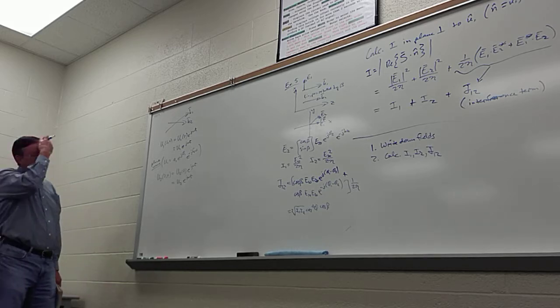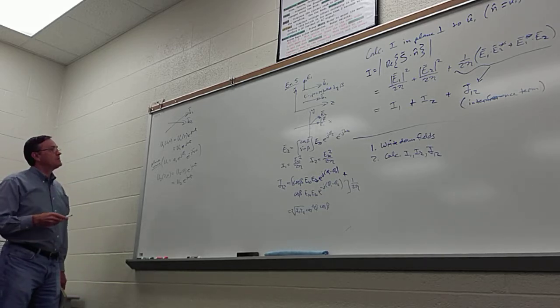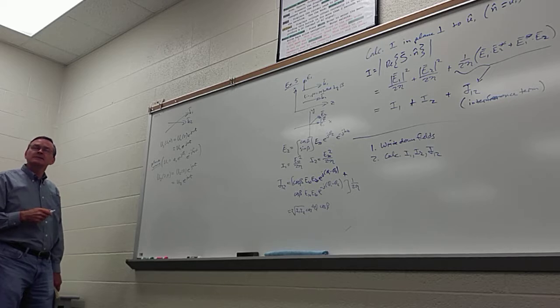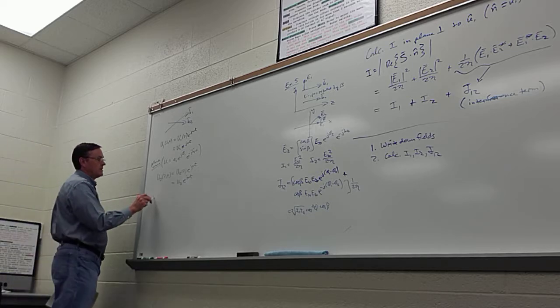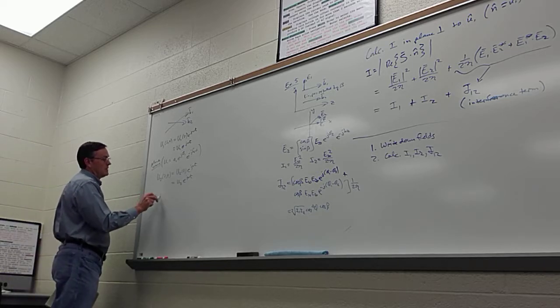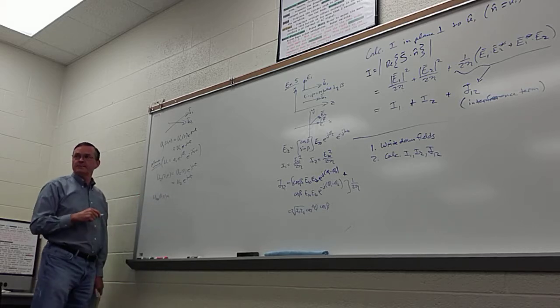What's the total field going to be? Let's say the total complex representation of the field. So that would be U total of R and T. What's that going to be?